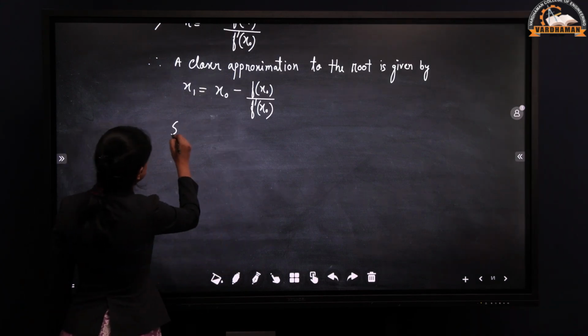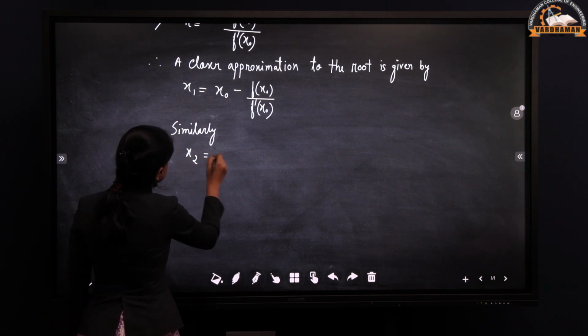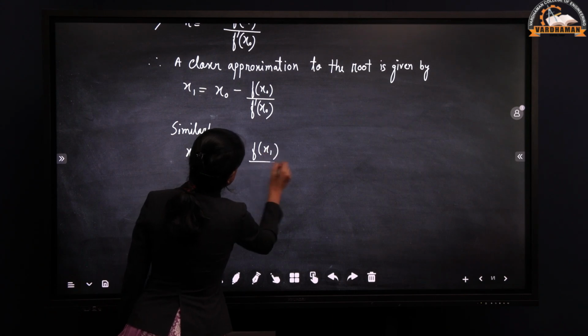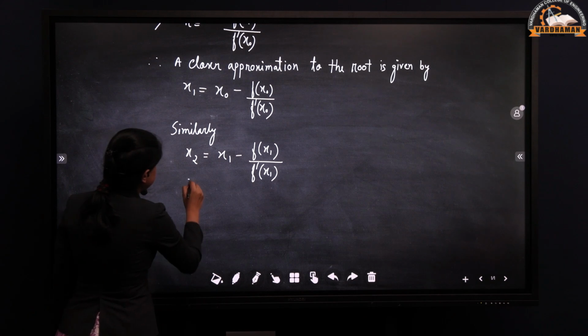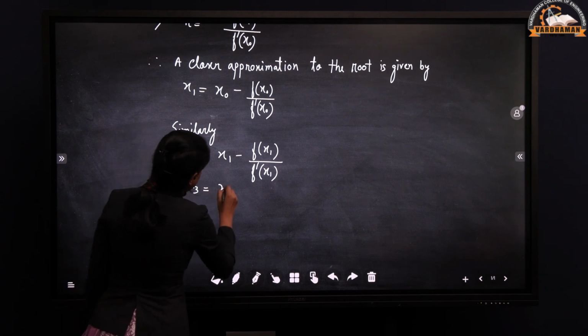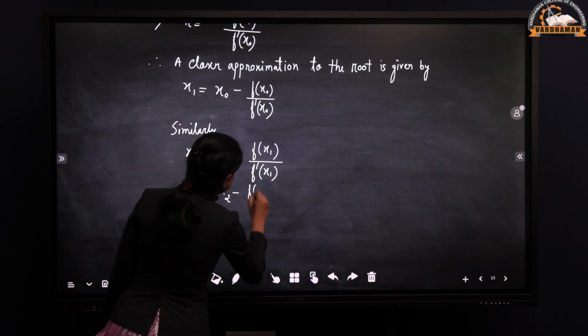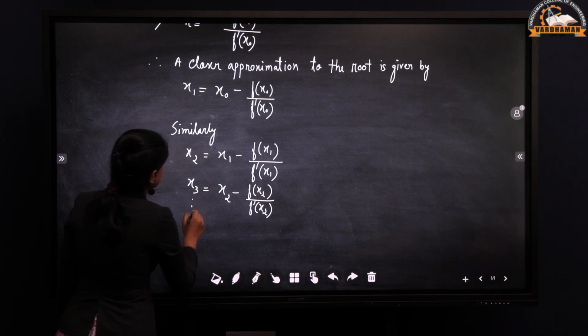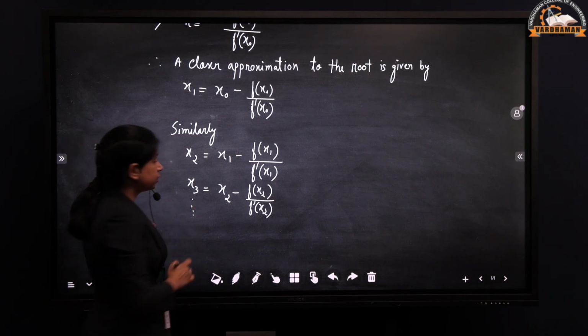Similarly, we will get x2 is equal to x1 minus f of x1 by f dash x1. Then x3 will be equal to x2 minus f of x2 by f dash x2 and so on. So what will be the general formula for it?